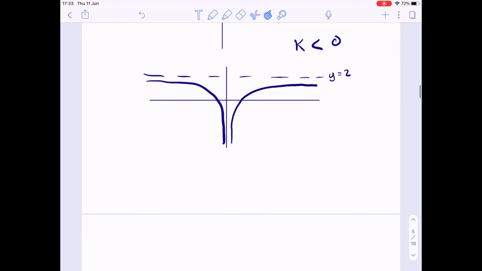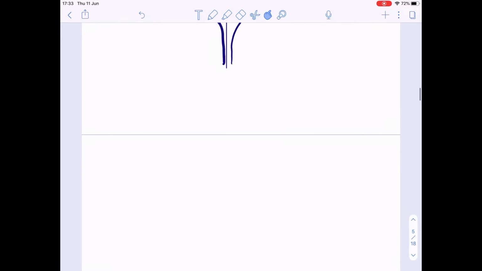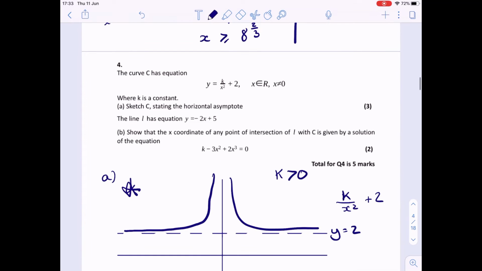Okay, so let's have a look at B now. Show that the x-coordinate of any point of intersection of L with C is given by the solution of this equation below. And so the line L has the equation y equals minus 2x plus 5.